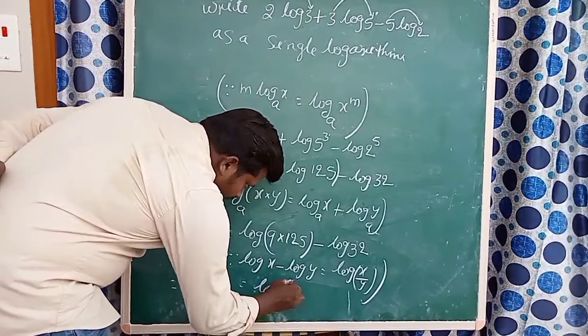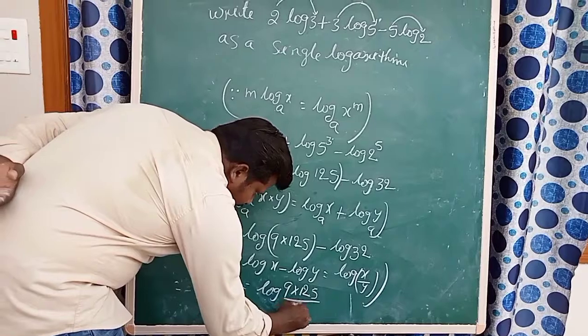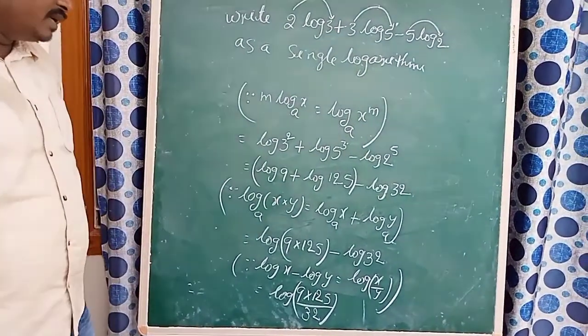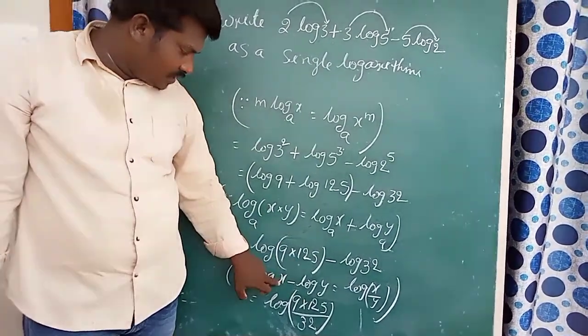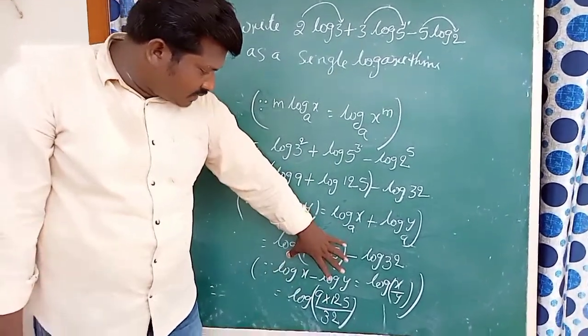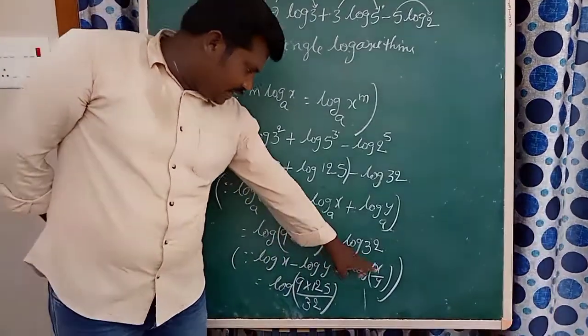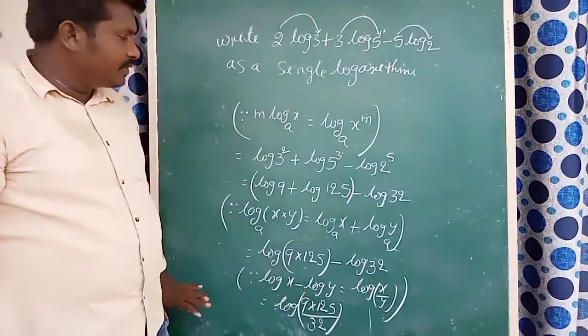Log of 9 into 125 divided by 32. That is the formula. See, this is the x and 32 is y. So this is the formula, log of x by y. That means x value is 9 into 125, divided by the y value 32.